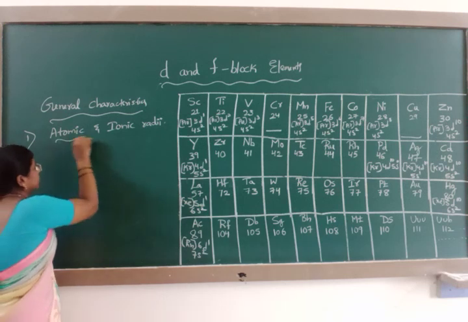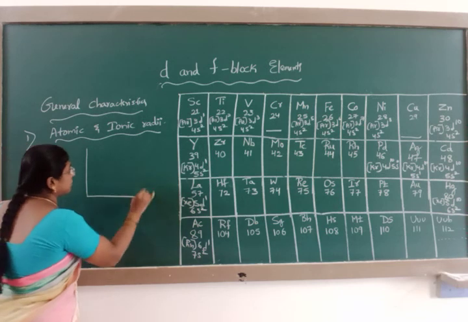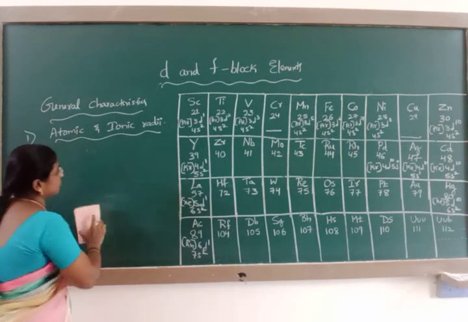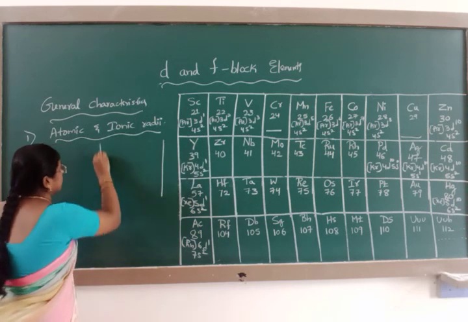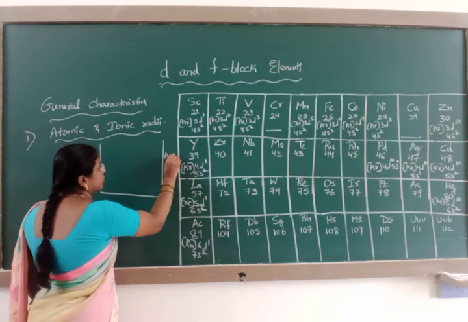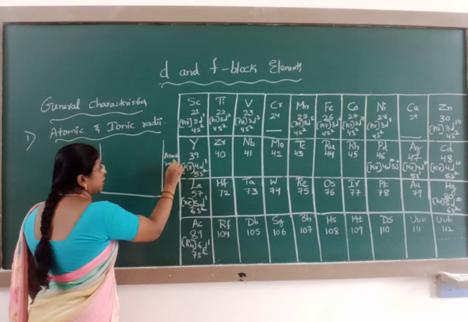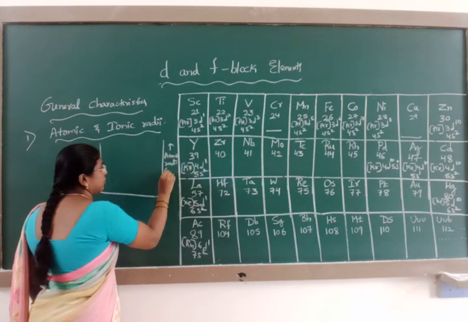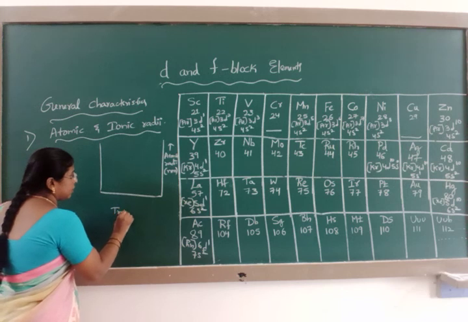Here, if we plot a graph of atomic radii in terms of nanometer, these are the transition elements.